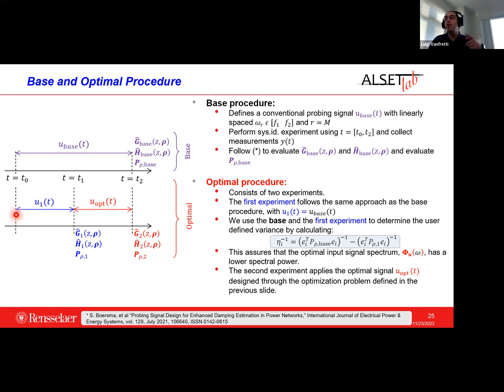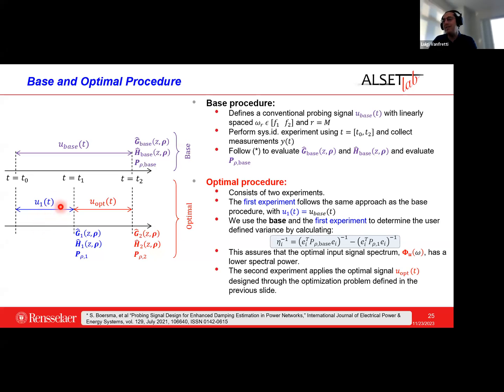And then we will do two new experiments, one with a signal theta u that is exactly the same as the first signal that we applied, and one with the designed optimal input signal. And why do we do this? Because this will allow us to use the result from u1 of t.